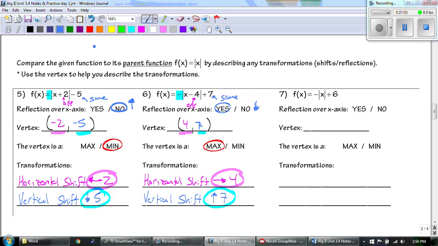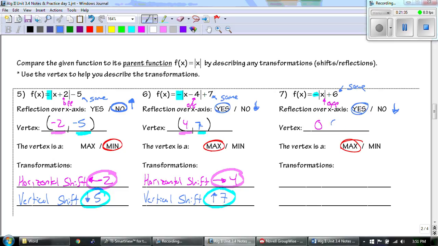Okay? Last one together. Is there a reflection? Yes. Our graph is going down, and if it's going down, I get to see the max value. Now, I would take the opposite of what's inside, but there's nothing inside, so that's a 0.